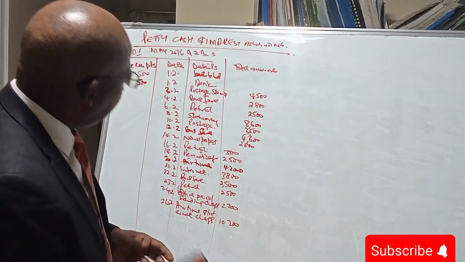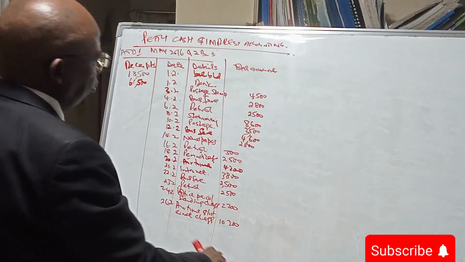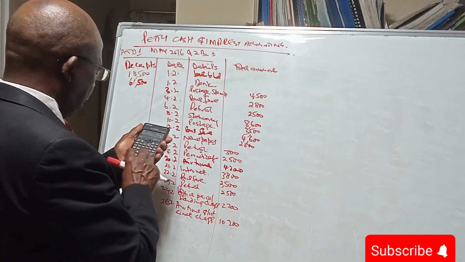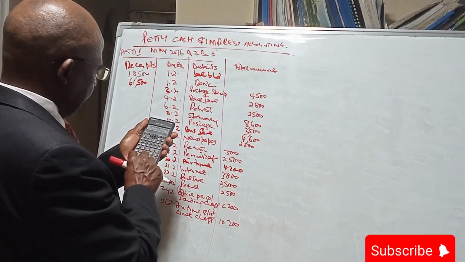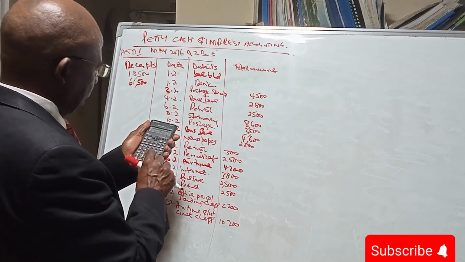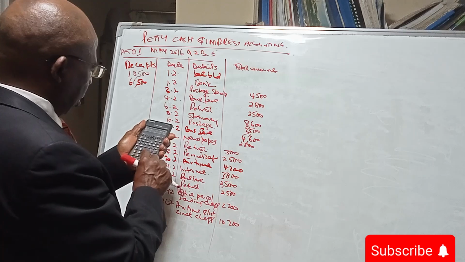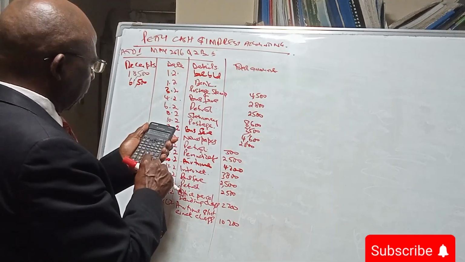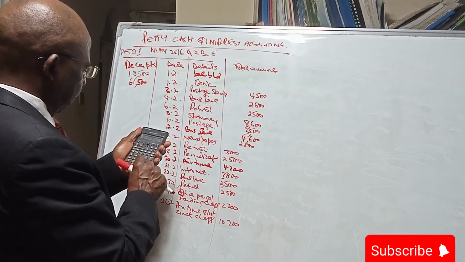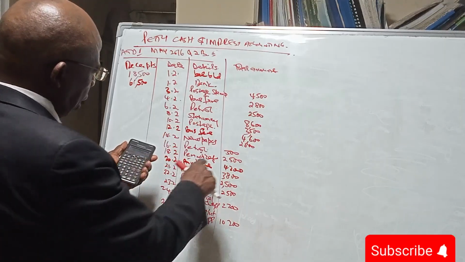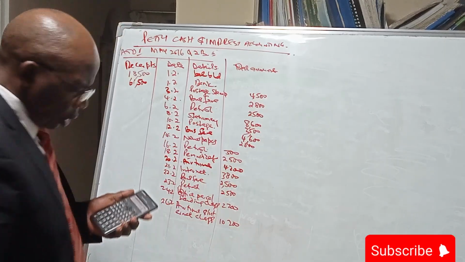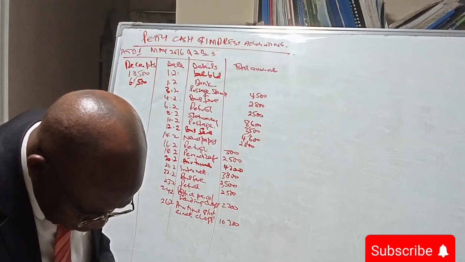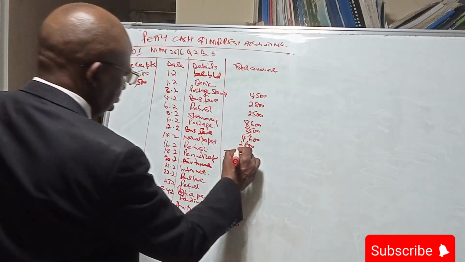So we need to get the total of the payments: 4,500 plus 2,800 plus 2,500 plus 8,600 plus 3,500 plus 4,600 plus 2,800 plus, for the 16th of February, it's actually 3,000.